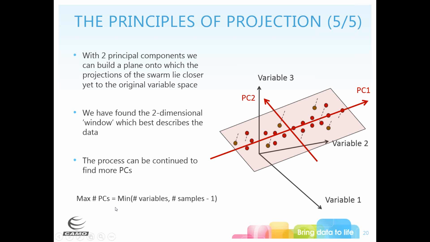Now, the maximum number of PCs that you can calculate is the minimum of either the number of variables you start with or the number of samples minus 1. Keep in mind, it is very rare that you get to this maximum number of PCs.